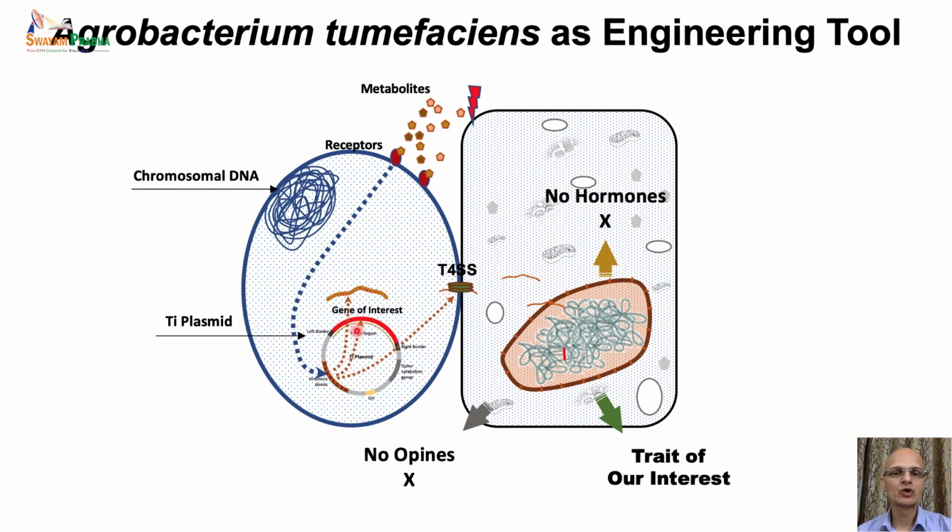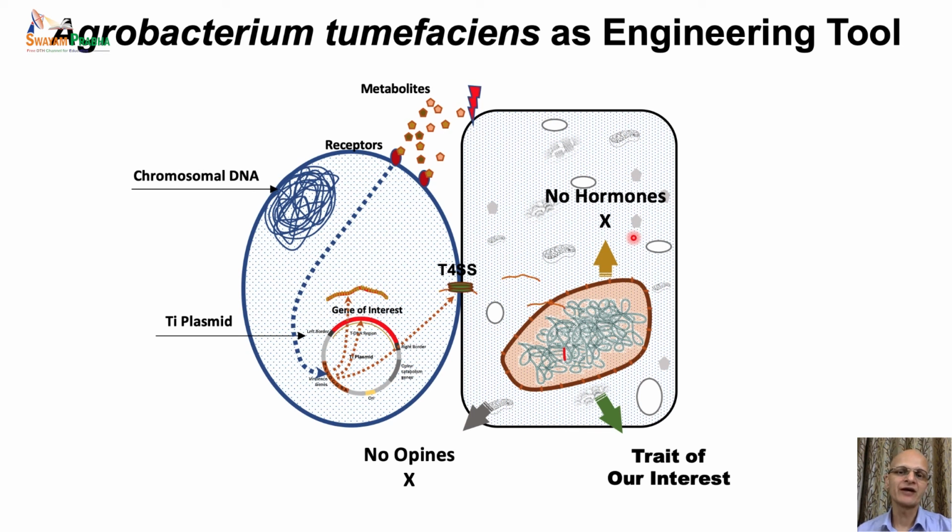So now, though this cell has been transformed by the Agrobacterium, in the absence of the plant hormone synthesizing genes it will not be able to cause uncontrolled division or the crown gall tumors.